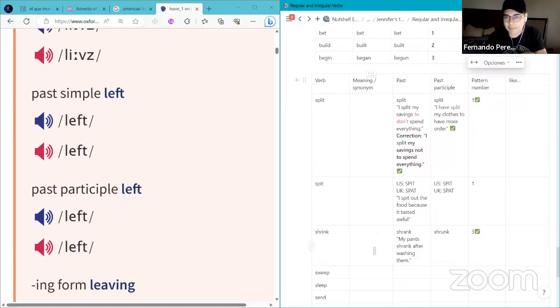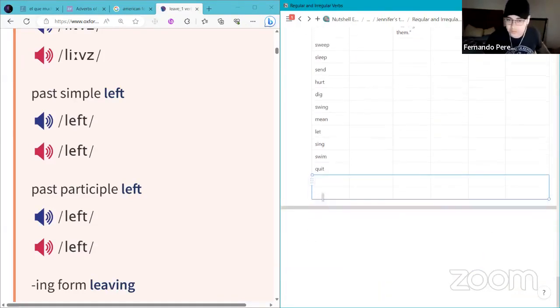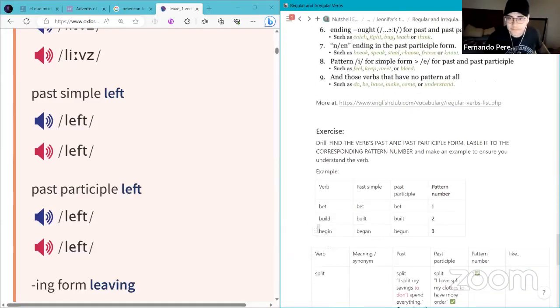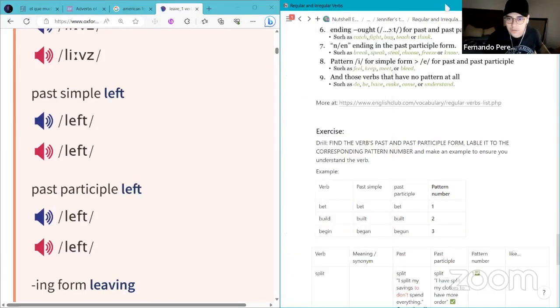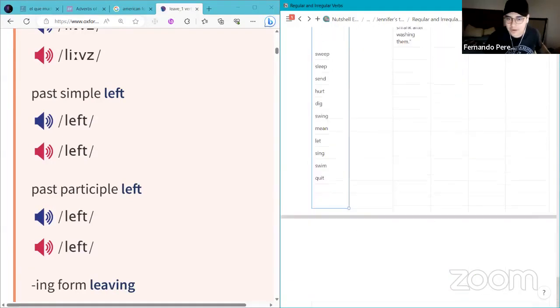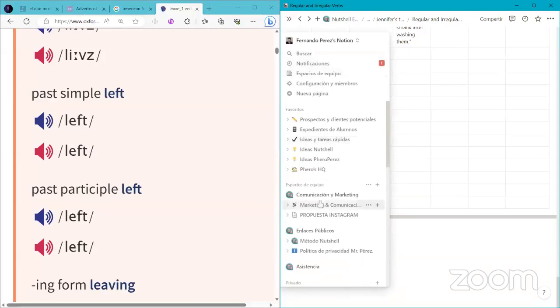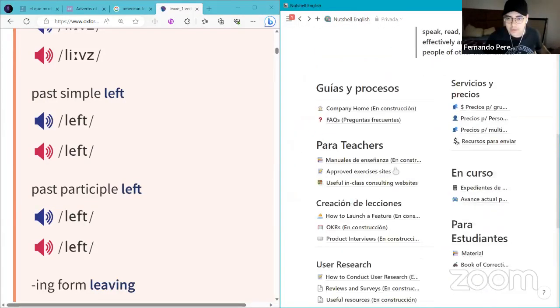This is a practice that I am making with a student. But I can do a new one, because this list in particular is incomplete, super incomplete. This is for the practice of my student. But let me create a new one over here.